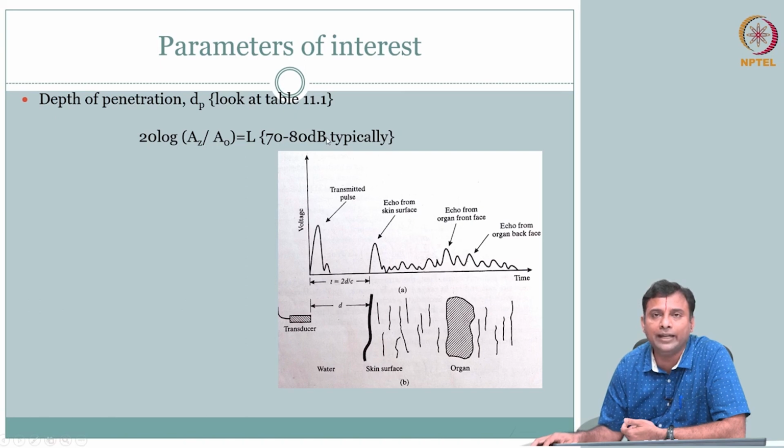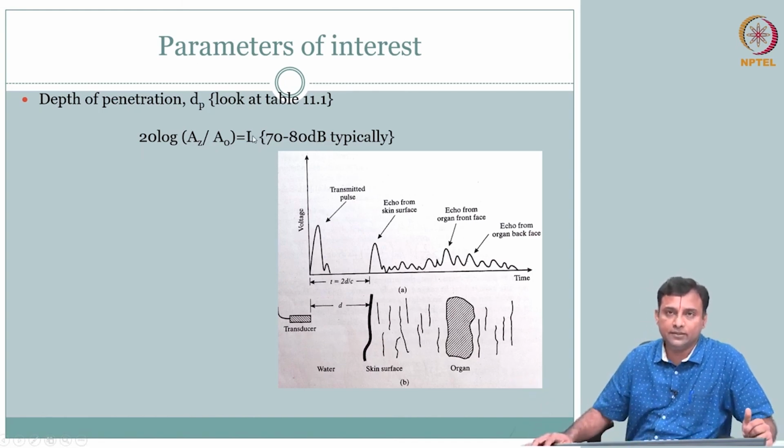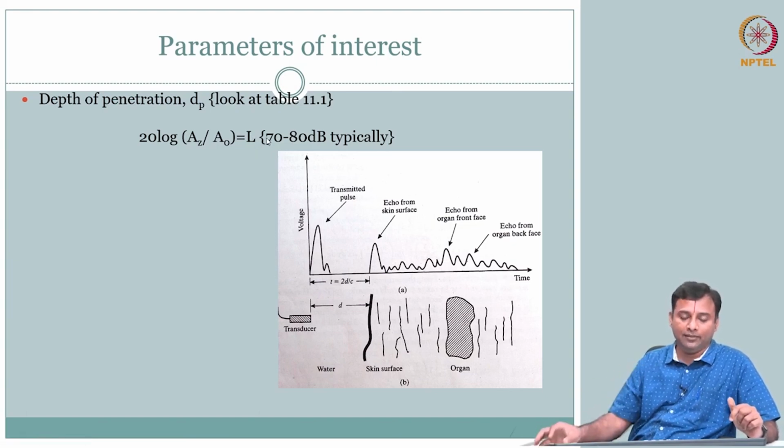If it goes below 80 dB, then it becomes futile. So L is the length over which some loss is happening, and this loss, until 80 dB for example, is recoverable, that is, you can give the gain.